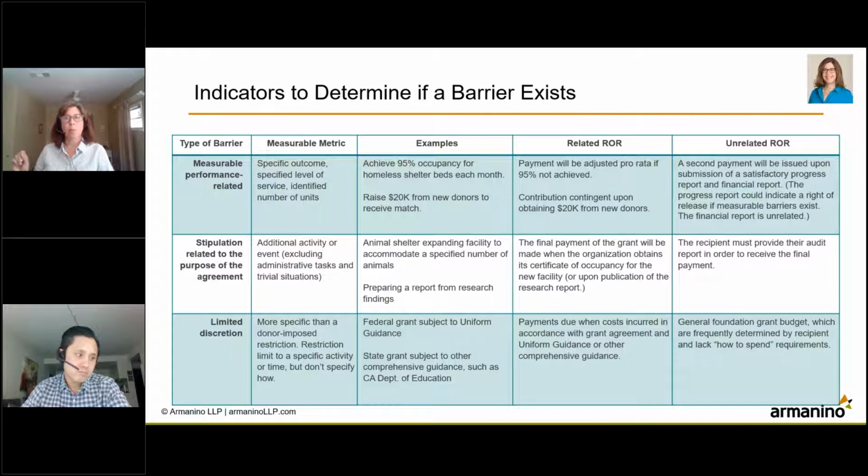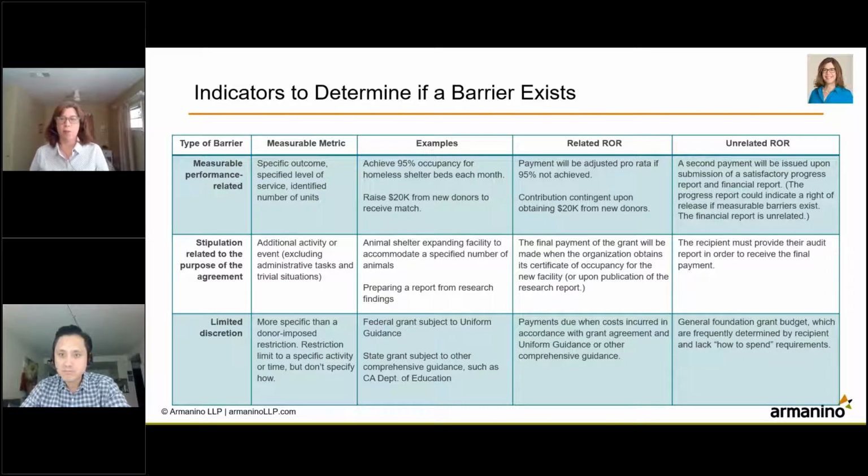But this particular requirement is not related to the purpose of the agreement. It really is administrative in nature. And even if there's a delay in receiving payment because the audit isn't complete or not provided, this would still not be considered a right of return or release because it is administrative.